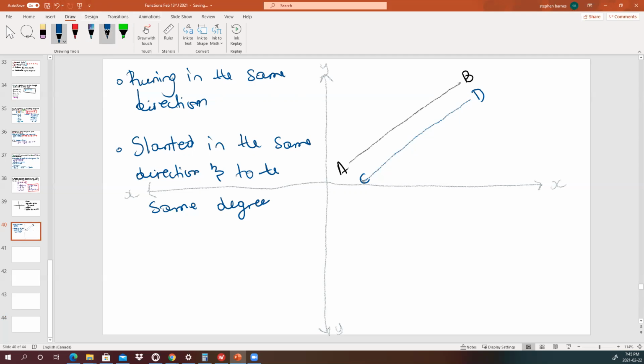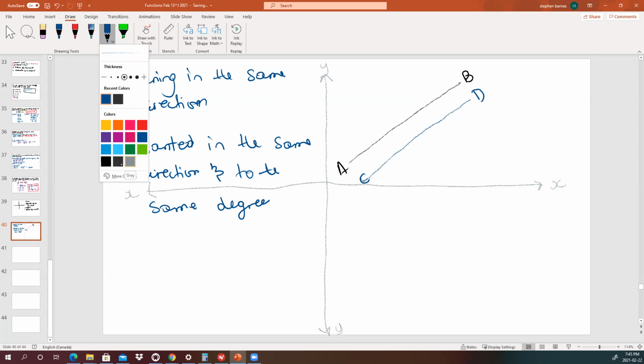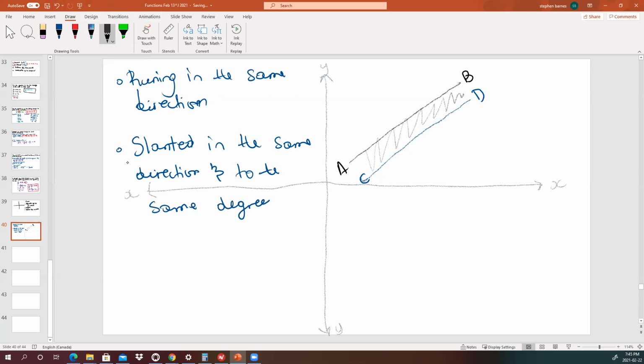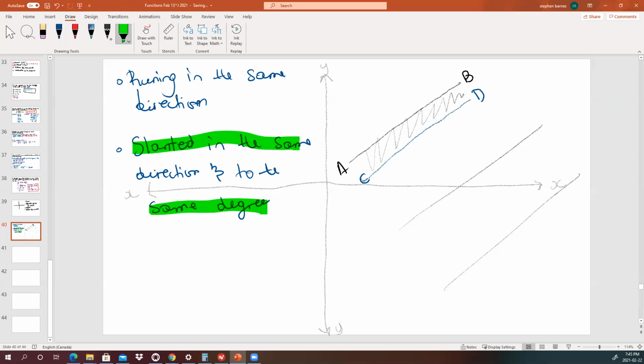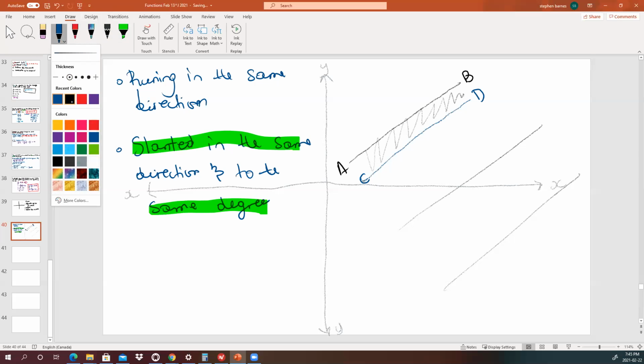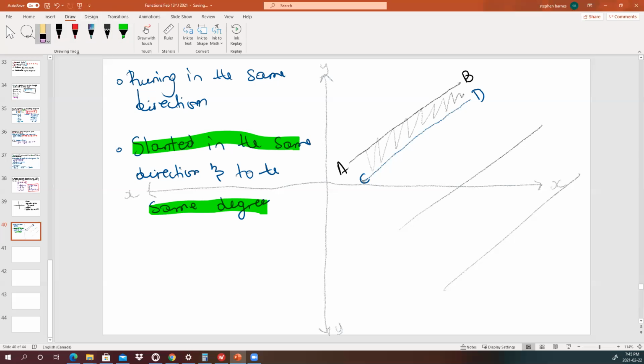But it doesn't matter if CD was all the way over here or down here, as long as these two things hold true, it is slanted in the same direction, and it is also slanted the same amount, we say that AB and CD are parallel lines, right? So we call AB and CD parallel lines.